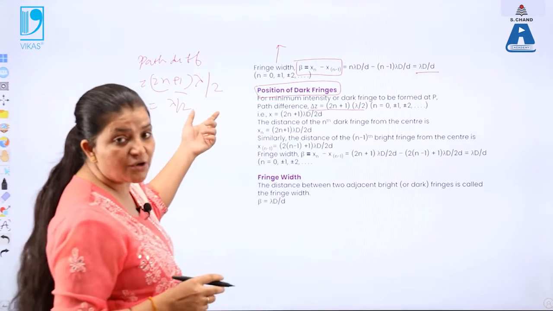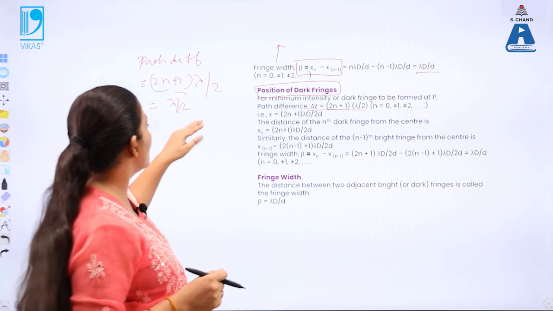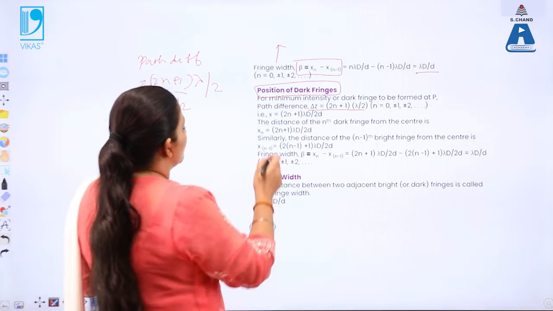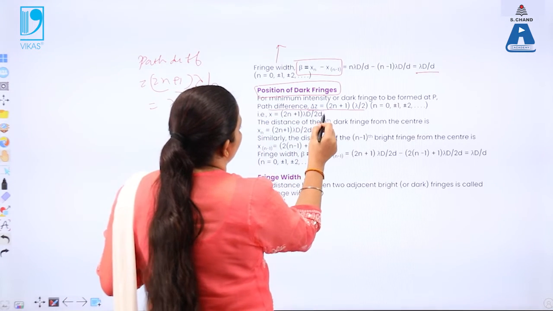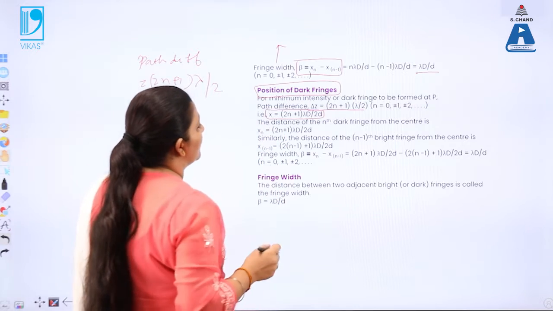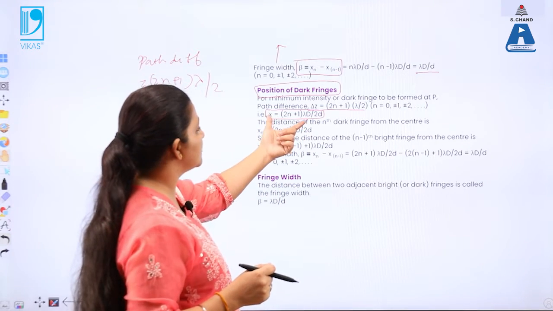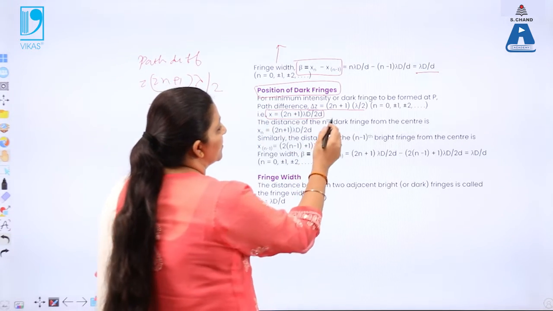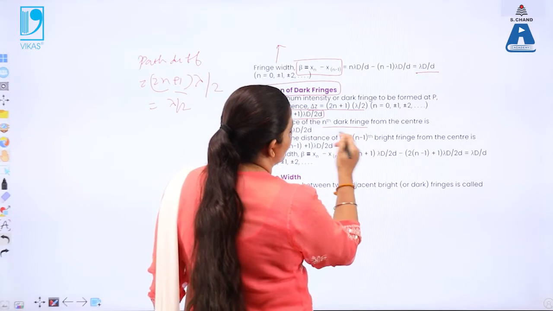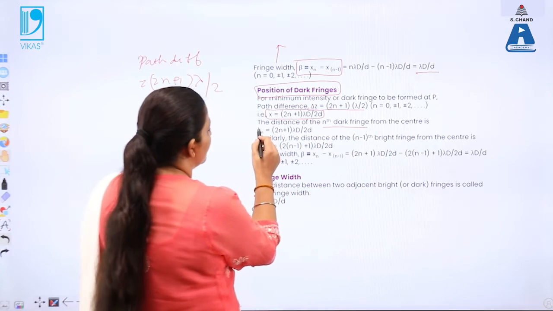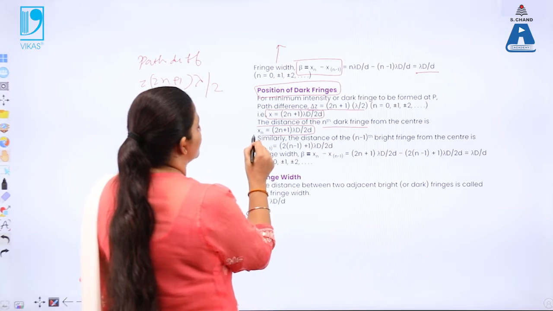When the path difference equals lambda by 2, that corresponds to minima. So again, on comparing the path difference with x lambda D by d, we will get the path difference equal to this one. Now again this depends upon n, so for the nth dark fringe from the center, we get this path difference over here.